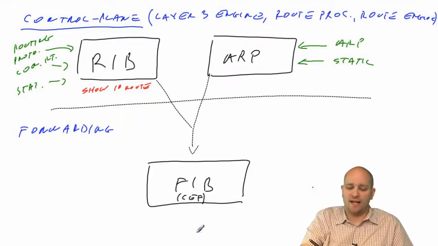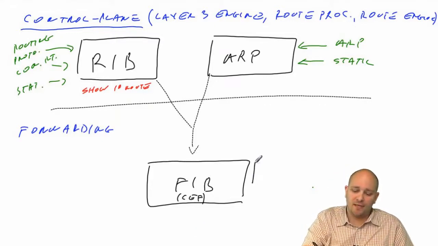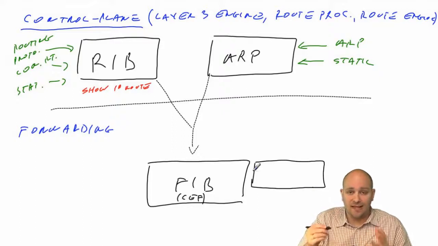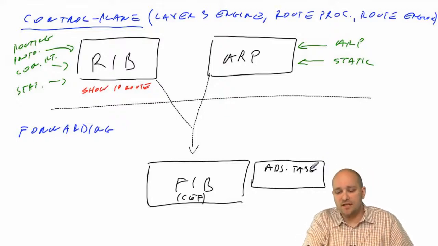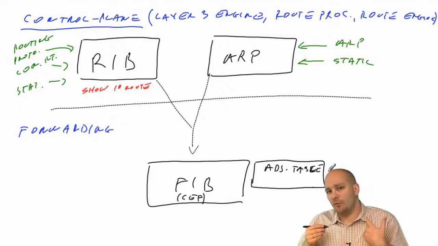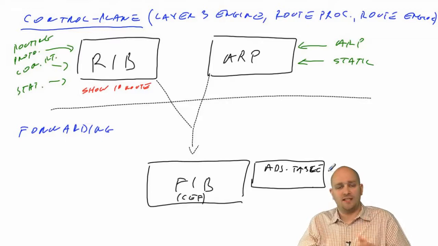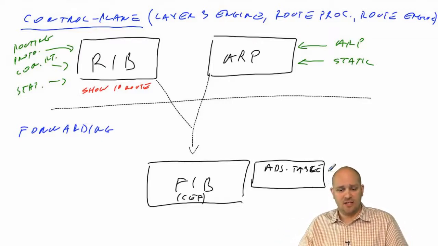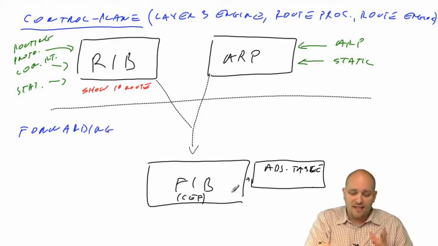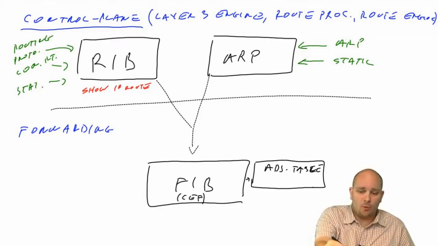But these resolved next hops are actually going to be kept in a subset table, which is called the adjacency table, where for every single destination, we are going to have information about what is the resolved next hop for this destination. Now, these databases here can be observed.